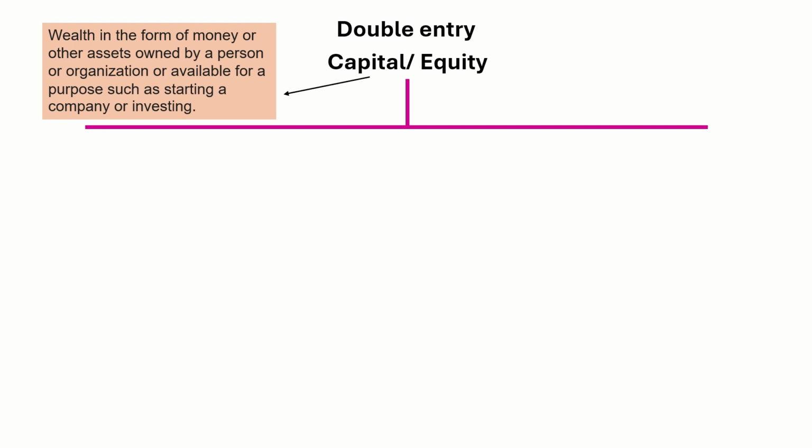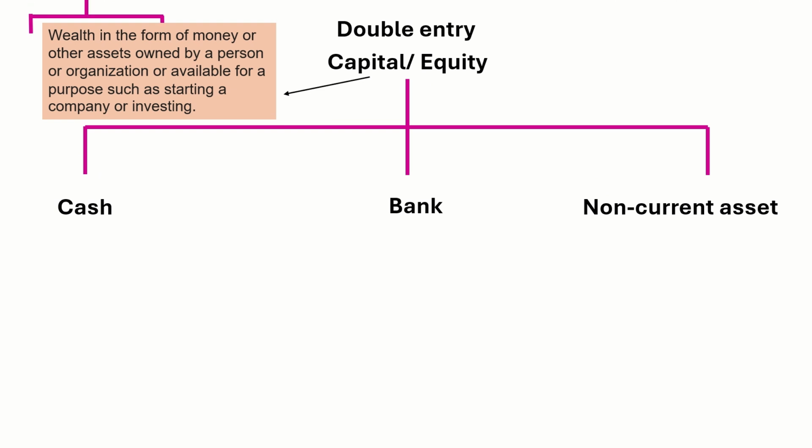Owner can introduce capital in three forms: cash, bank, or in form of non-current asset. Now, let's look at the double entry if the owner introduces capital by cash. Debit cash account, credit capital account.